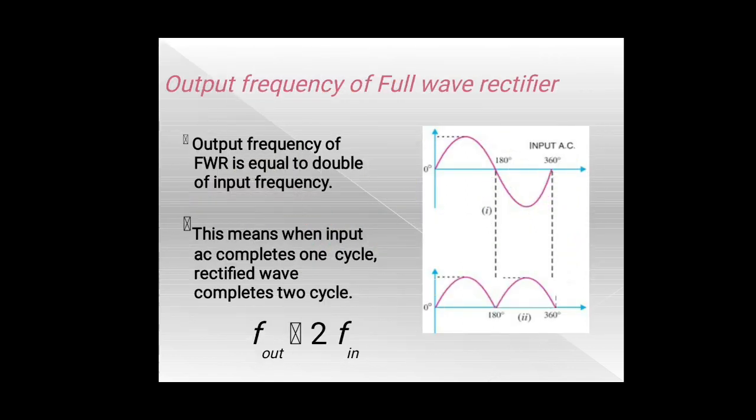This is the output waveform and output frequency. This is the input AC signal. See here, during this positive half cycle, the voltage appears as it is at the output. During the negative half cycle, here also the output appears as it is because of the diodes.